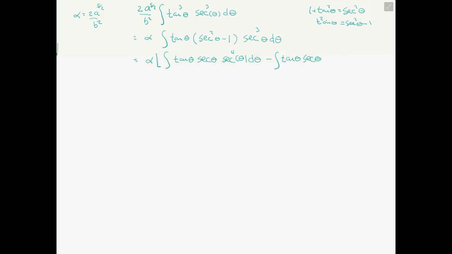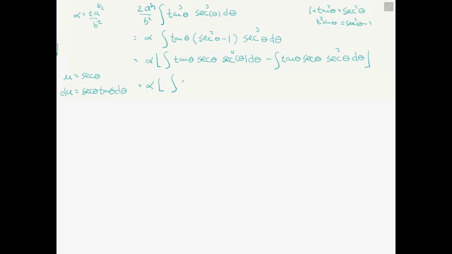Tangent theta secant theta secant squared theta d theta, bracket. Now, use a u substitution. We go u equals secant theta, and du equals secant theta tangent theta d theta.